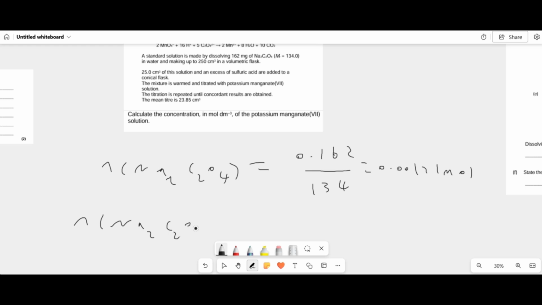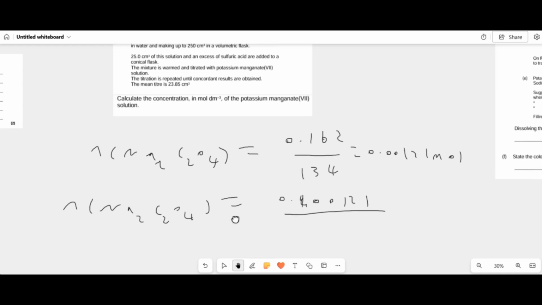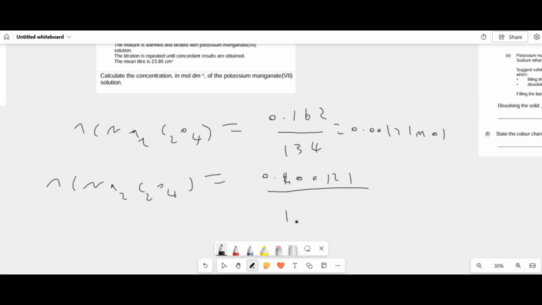The 25 is not going to be as much as in the 250, so you need to divide by 10. So in the 25 it's 0.00121 divided by 10, because that was for 250 and this is for 25. You get 1.21 times 10 to the power minus 4.